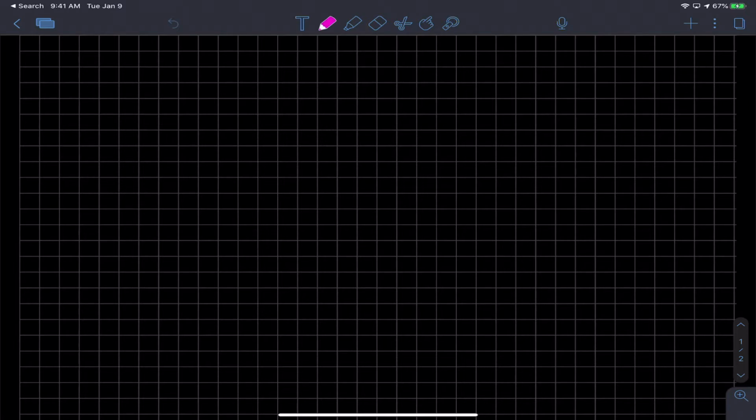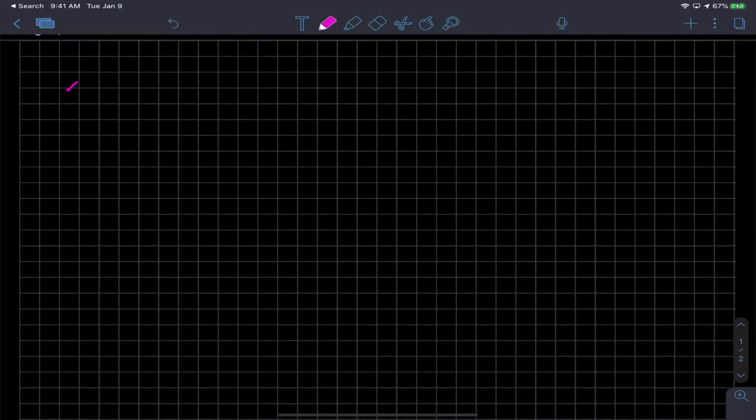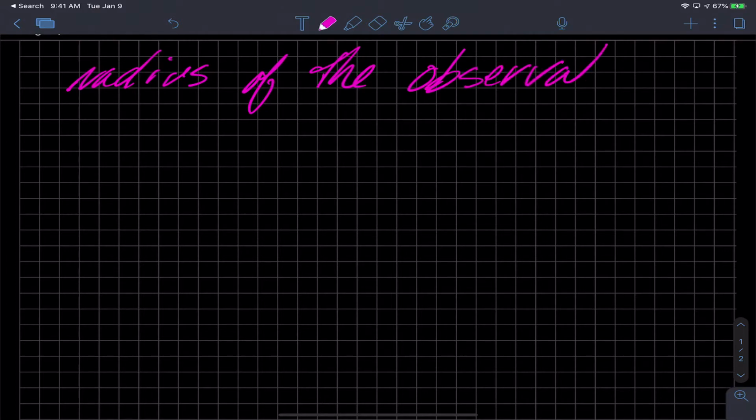If we look at what I think we were talking about, the radius of the observable universe, and since the information I have is a little bit dated from I think 2011, I'm sure it's much larger than this, but well, maybe not, because of the magnitude of the number.